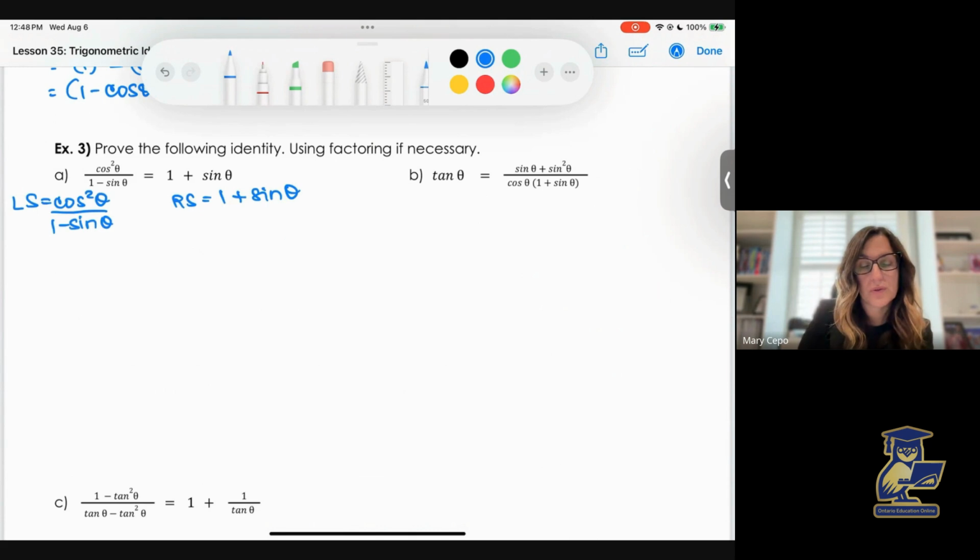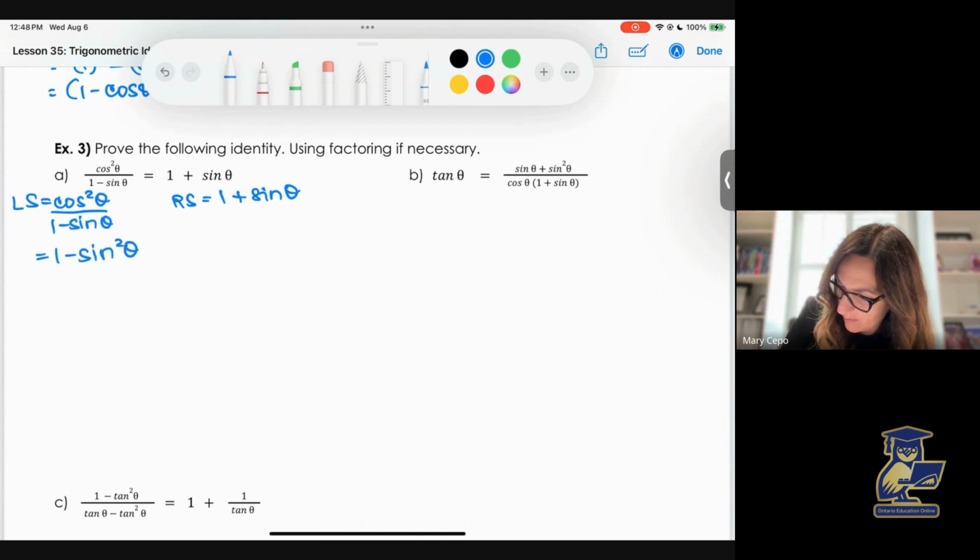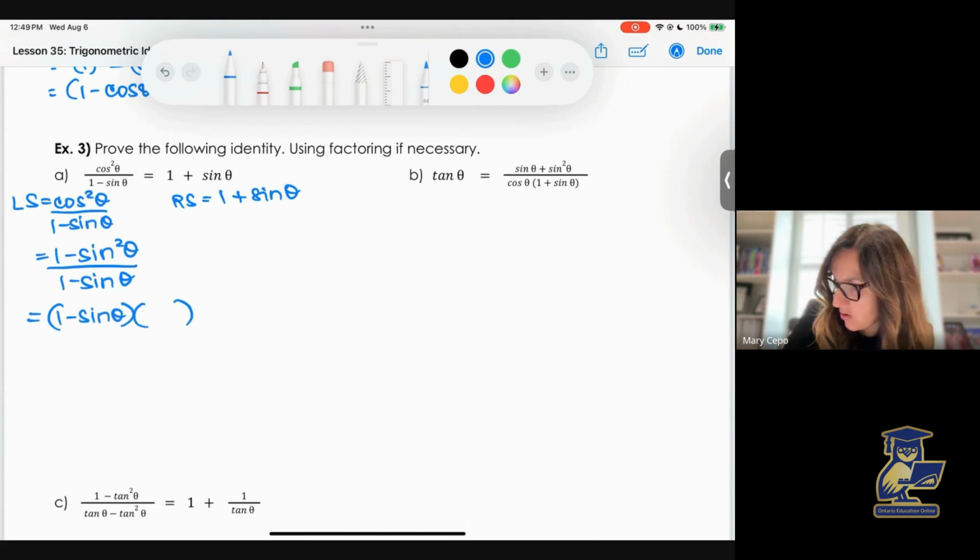So we know cosine squared theta is the same as, if we rearrange a Pythagorean identity, 1 minus sine squared theta. Now the numerator is a difference of squares. So that would be 1 minus sine theta, 1 plus sine theta, all over 1 minus sine theta.